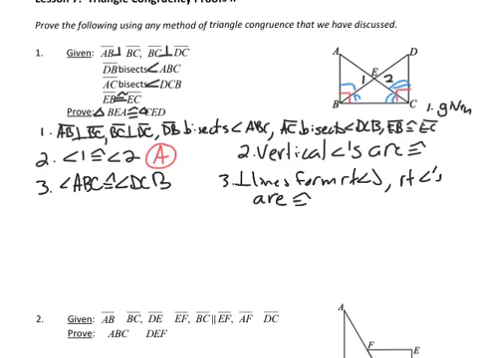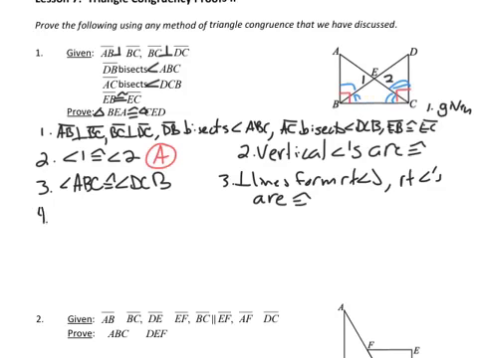So now we have the 2 angles congruent, but we also know that we're going to use the definition of an angle bisector. So we're going to say these 2 angles are congruent and these 2 angles are congruent, and from there we can get these angles congruent and these angles congruent. So here we go.